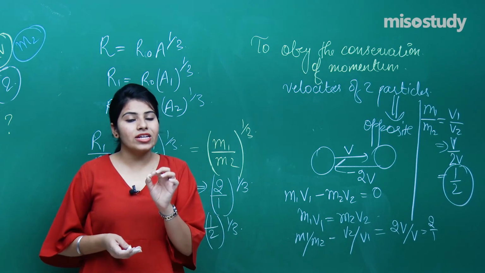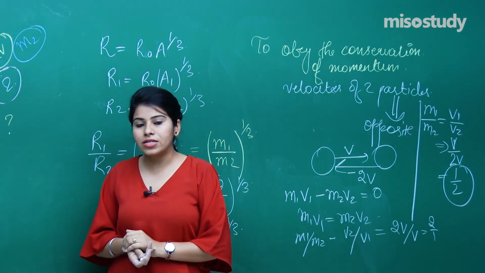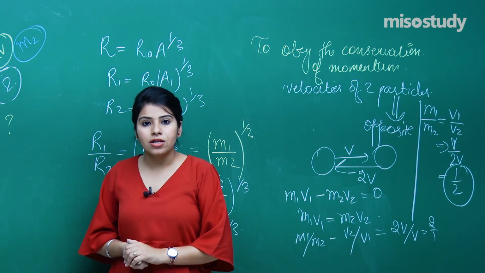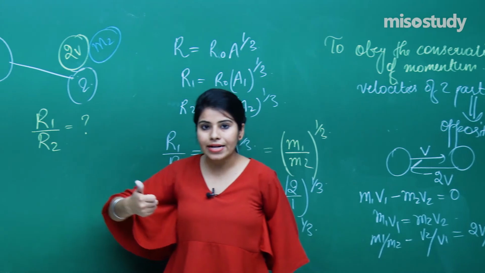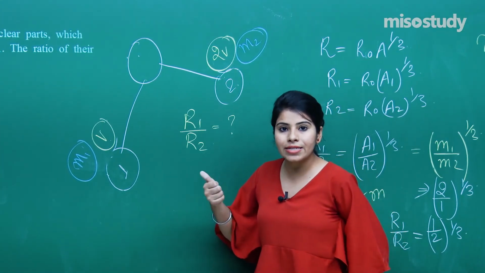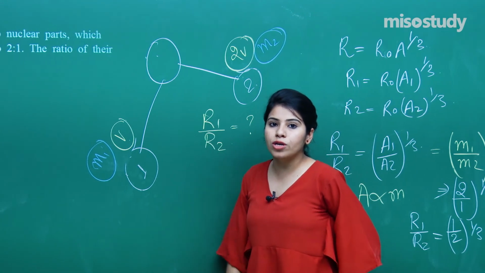If you know the relation that the heavier the mass, the slower the velocity, and the lighter the mass, the more the velocity. So if my m1 is greater, my velocity should be v, and my m2 is lighter, so my velocity for this should be 2v. So you have to keep that in your mind.